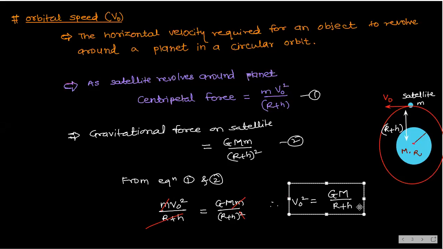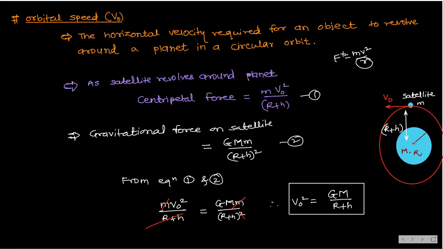Sir, once explain this equation once again. See here, as the satellite is revolving around the planet you are having centripetal force. Centripetal force formula, you know, m v square by r. This r is nothing but what? R plus h, right? And this v is nothing but what? V naught square. Agree? Understood?